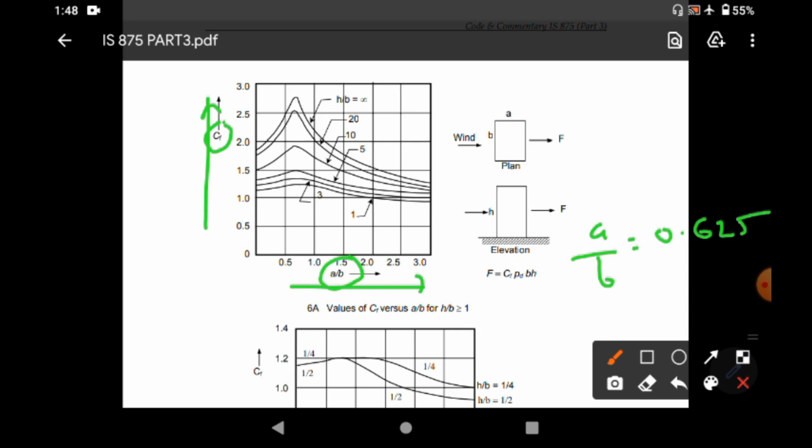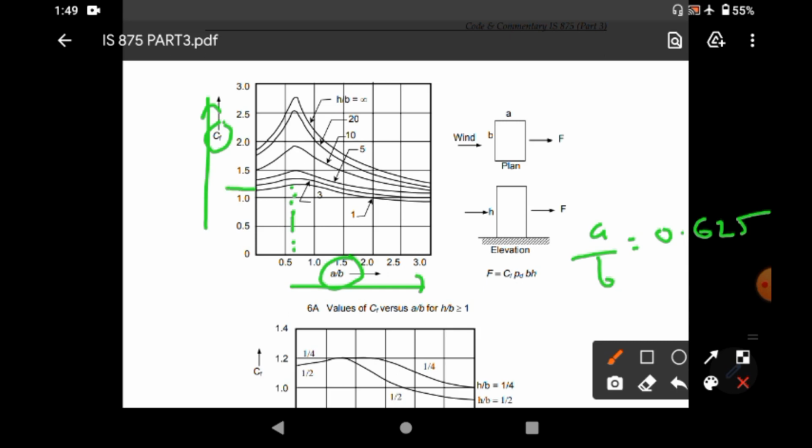Here you can see that 0.625 will definitely lie between 0.5 and 1.0. Just a slight bit ahead after 0.5 you can find this value, so it would lie something here. For the value of CF you can see that it is above 1.0 and it will lie below 1.5.